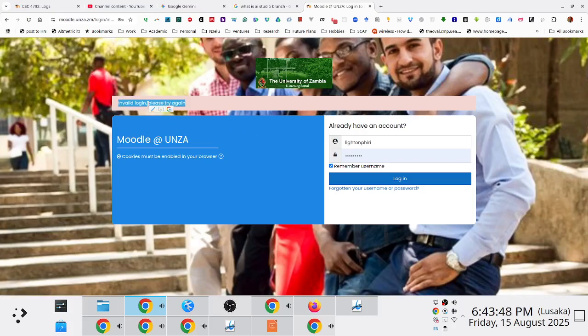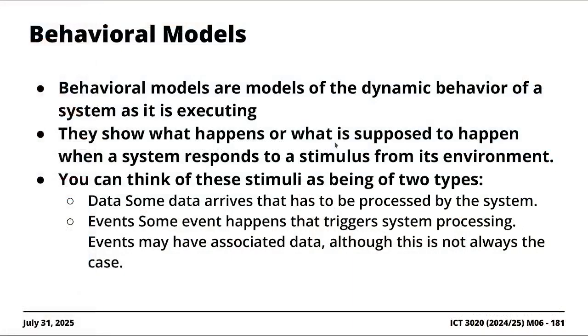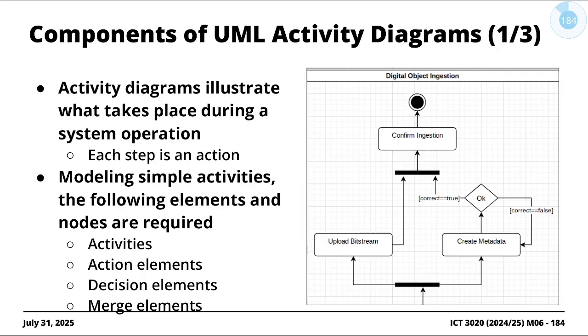But in some systems, it will say non-existent username or something like that, right? So what your activity diagram, what your behavioral model does, is it showcases what actually happens as data is being processed. So I will showcase things like this.